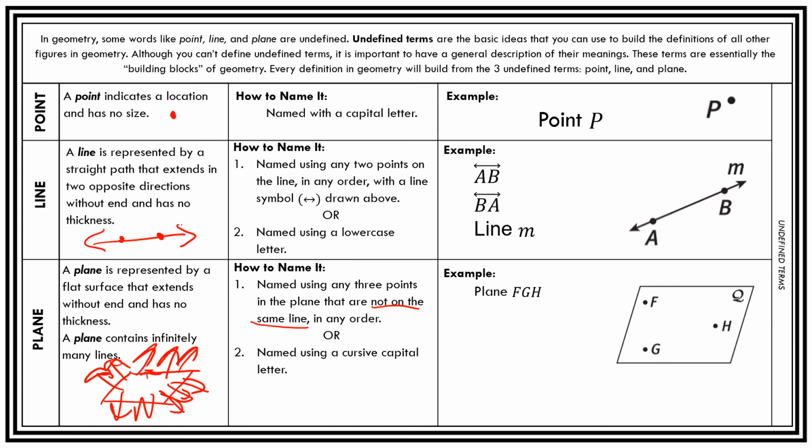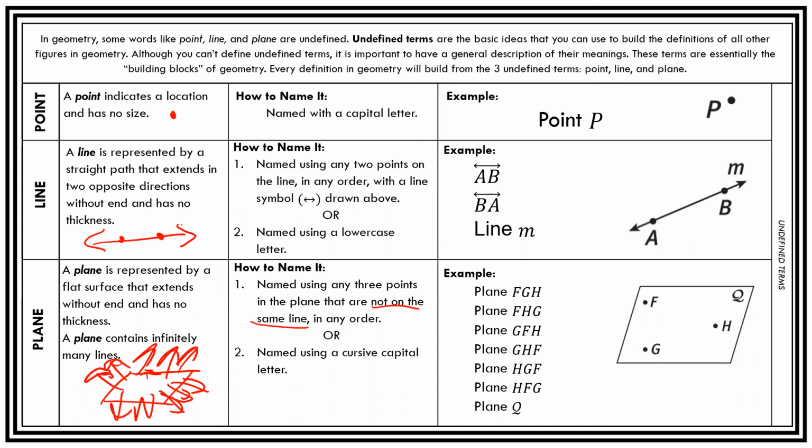But then I could also name it, if I want to start with F again, I can name it plane FHG, or plane GFH, or plane GHF, or plane HGF, or plane HFG. Okay, those are all the possible names we can name it using 3 letters. And then lastly, we can name it plane Q. All right. 7 different names for that plane right there. So I expect you to be able to do this as well, okay?